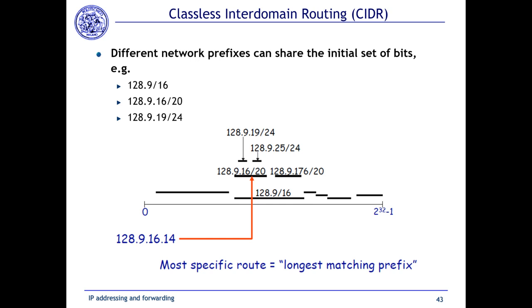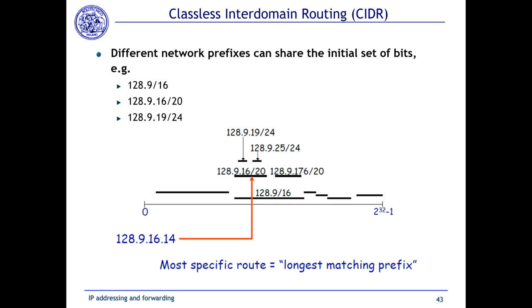The longest prefix matching algorithm obliges you to consider as the final result the segment that is the smallest one that contains the point. So in this case, the final result will be 128.9.16/20, because the point is contained in the two segments that are overlapping, but this is smaller than this, so longest prefix matching is with the second one.